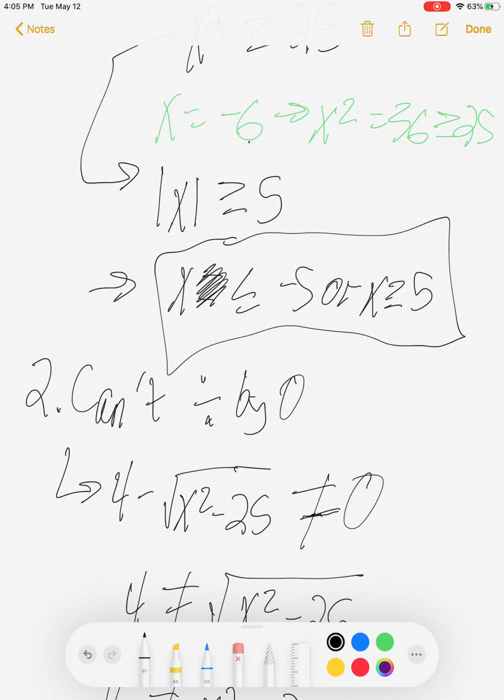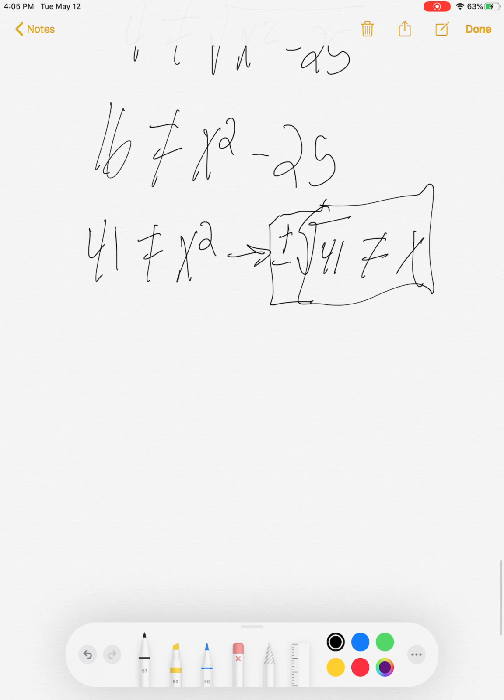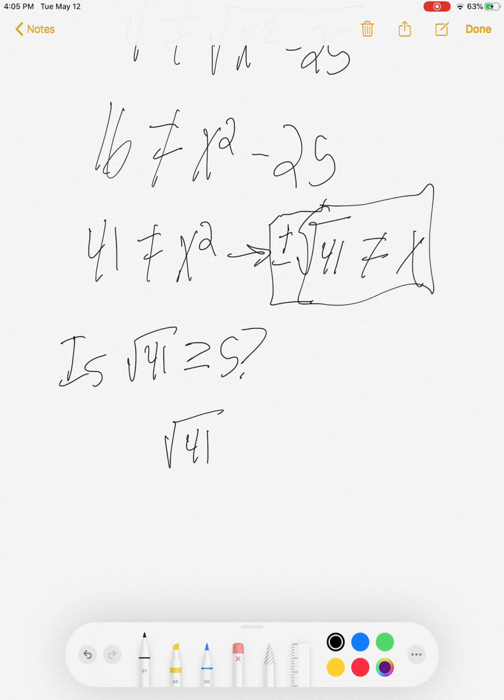Now, the question you should be asking is: is root 41 greater than or equal to 5? Well, I don't know exactly what root 41 is, but I do know that root 41 lives somewhere between 6 and 7.